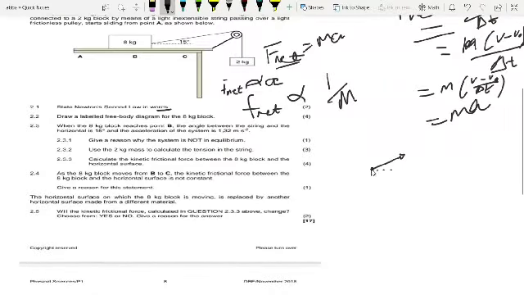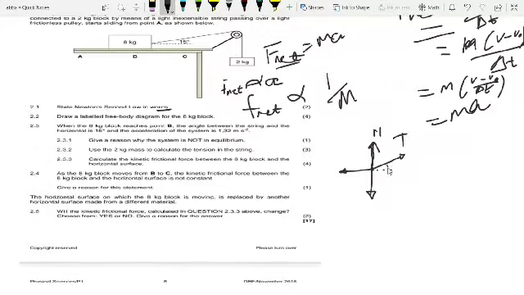Then we may also have another force like that. Take it that it is a straight line. Now, this is going to be another force here, and this is going to be another force. Basically, what they want is this tension, the normal force.